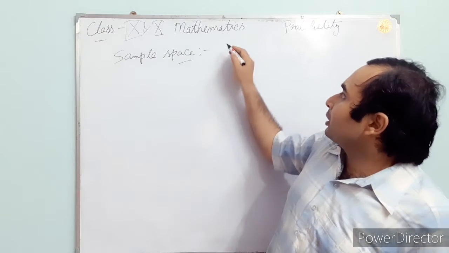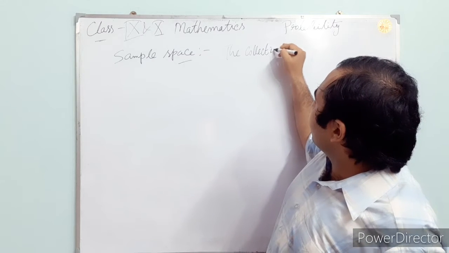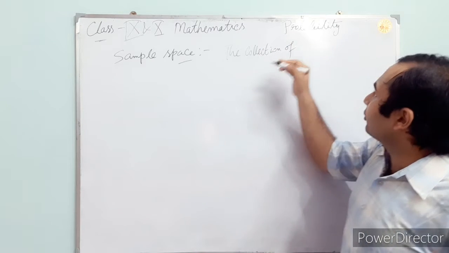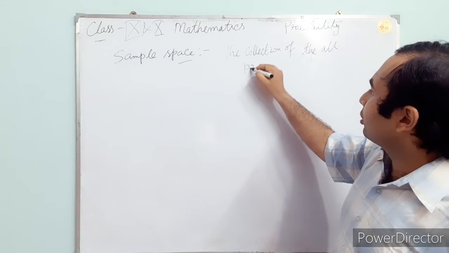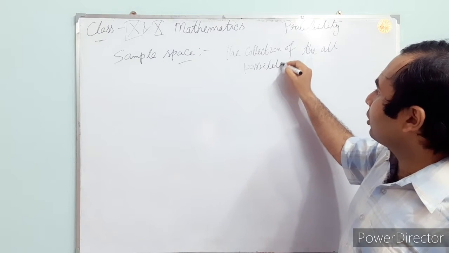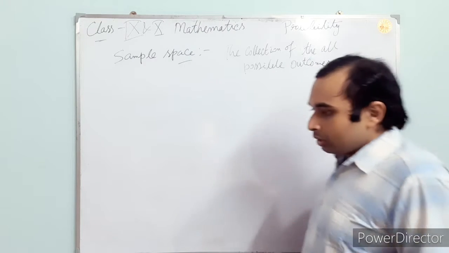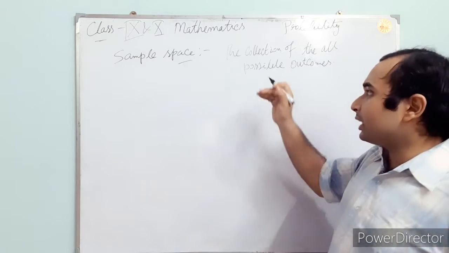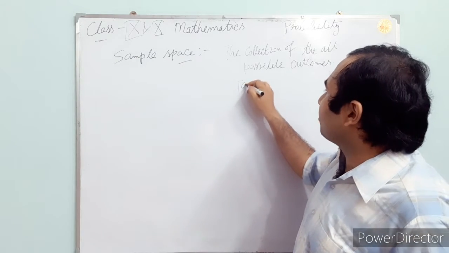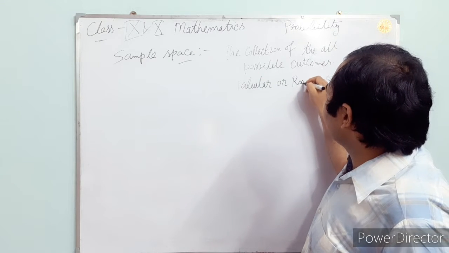Sample space means the collection of all possible outcomes, and it should also be written in set form, the tabular or roster form.